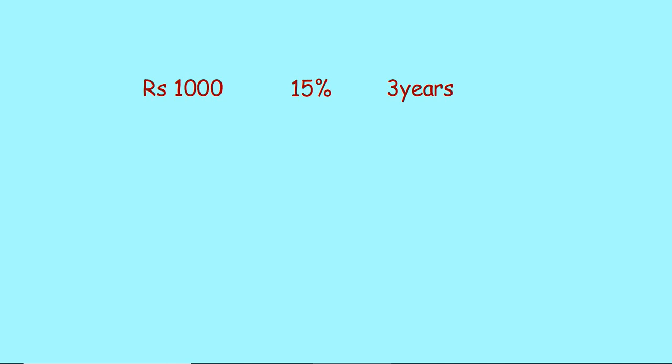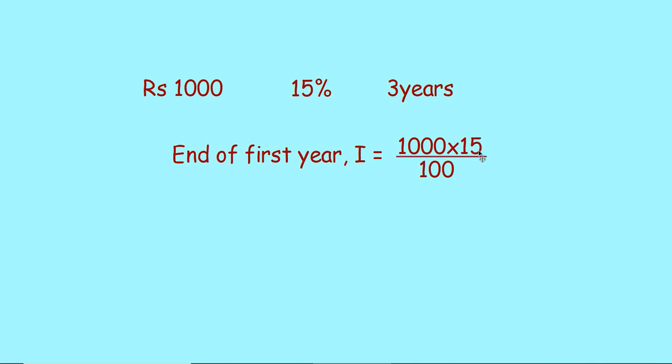Let us find out at the end of the first year how much interest you have to pay. End of first year, interest is equal to 1,000 into 15 by 100. That is P into R by 100. So you get rupees 150.